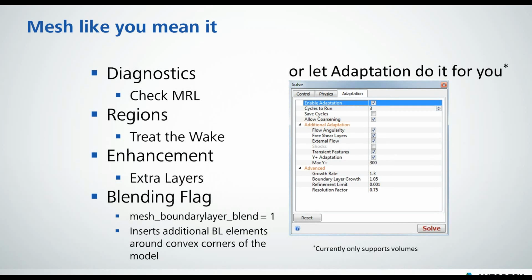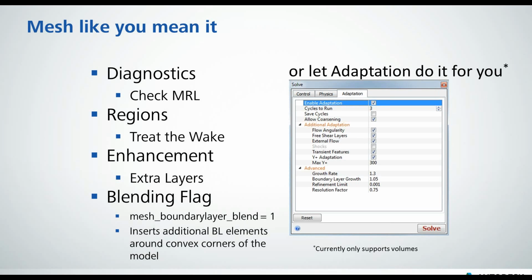For enhancement, I'm going to recommend extra layers. That's because we're going to talk about a turbulence model that needs these extra layers. For external flow, I would recommend that you add these extra layers. And last, on that enhancement page, I'm going to recommend that you add a blending flag. This is very particular to external flow or any other flow where the flow is going around convex corners.